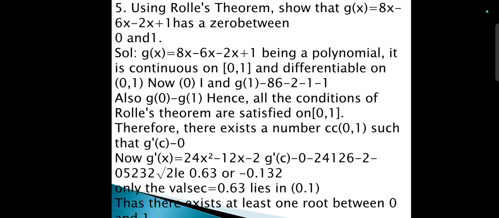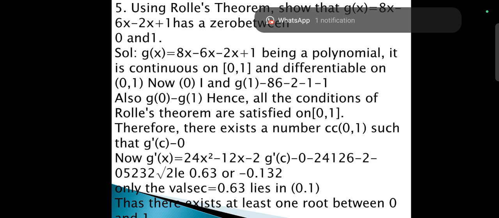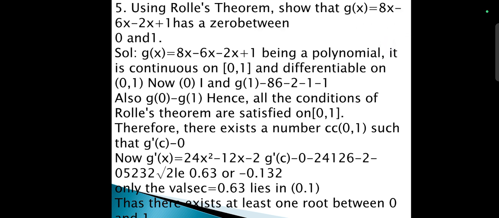Using Rolle's theorem, show that g of x is equal to 8x to the power 4 minus 6x squared minus 2x plus 1 has a zero between 0 and 1. Being a polynomial, it is continuous on 0 to 1 and differentiable on 0, 1. Now g of 1 is 8 minus 6 minus 2 plus 1, which is 1. Also g of 0 is equal to g of 1.